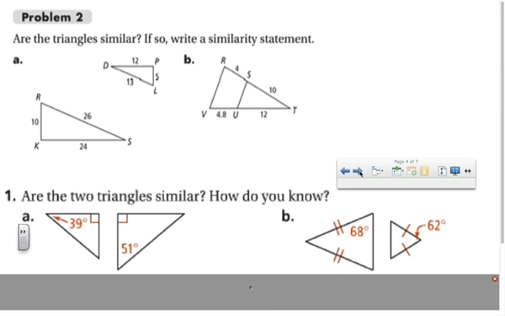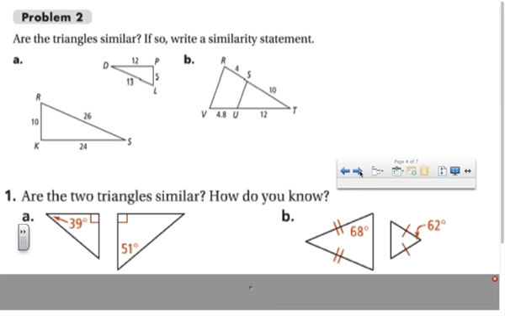Let's take a look at problem 2 before we bounce back to the your turn for problem 1. In problem 2, along the same lines, except now if the triangles are similar, I want a similarity statement. So in part A, are the triangles similar? What math might I have to do here in order to determine that? Oh, math.